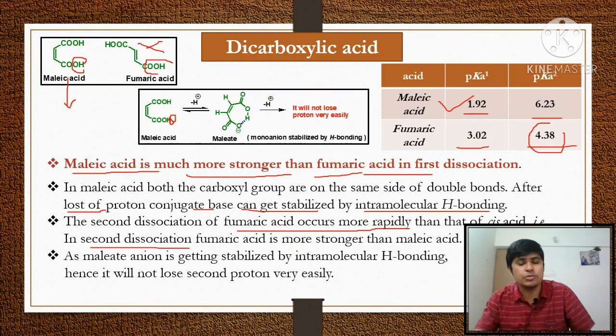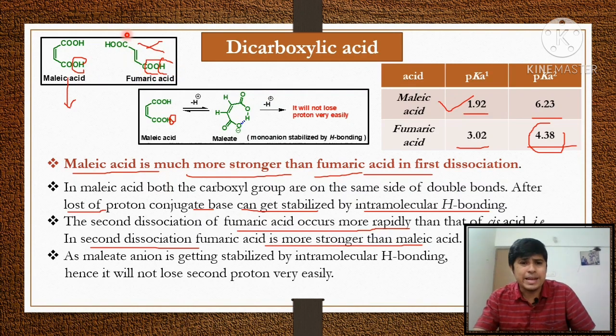In the second dissociation, fumaric acid is stronger than maleic acid. It will lose this proton and form C double O minus, which will not get stabilized. Hence, we have seen that in the first dissociation, fumaric acid is weaker.